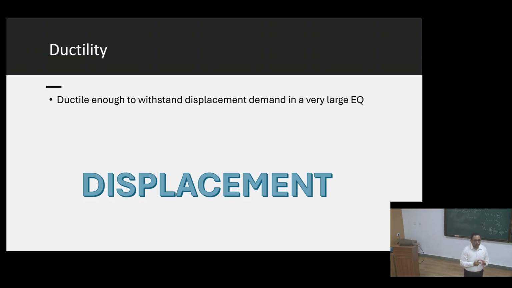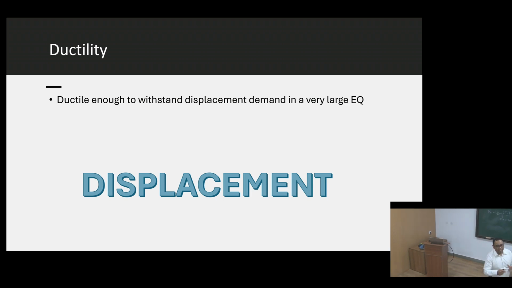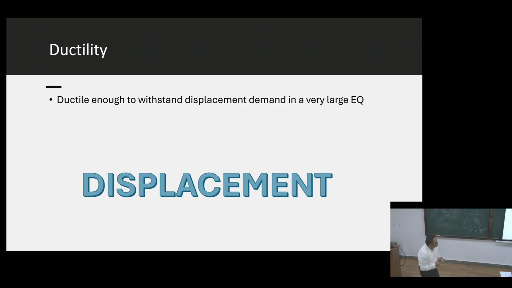That was the genesis of displacement-based design, which is one of the types of performance-based design, where you design the building to achieve 2% drift or 1.8% drift at the maximum considered earthquake level, something like that. So at one hazard level. Any questions?